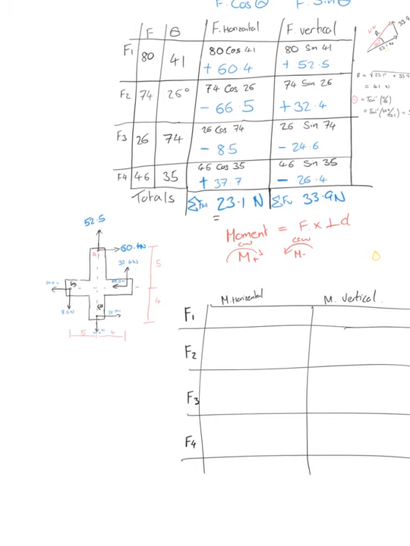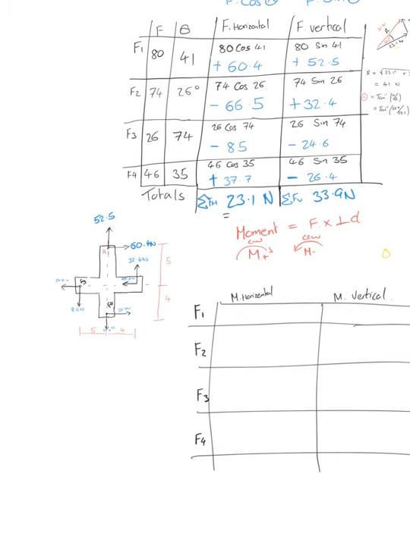So to explain this a little bit better, for F1, my horizontal is 60.4. My perpendicular distance, well, there's no perpendicular distance to that point A in this case, so it's going to equal 0, and the moment is going to equal 0. Similarly, vertically, it's going to equal 0. So I picked a bad example to start off on there, but if I look at F2, ignore the sign, so the sign's only going to come from a clockwise or counterclockwise moment.